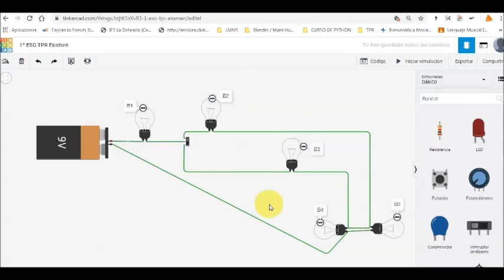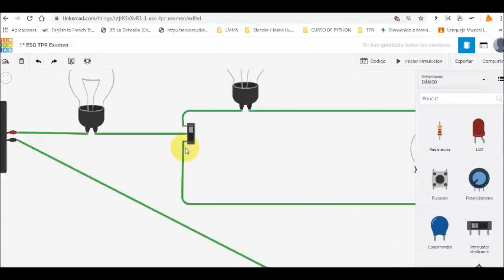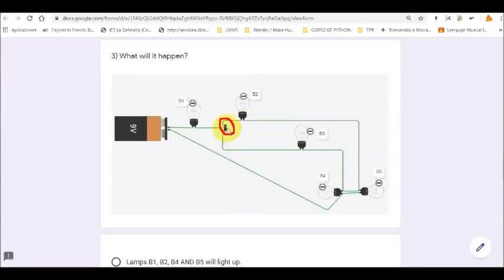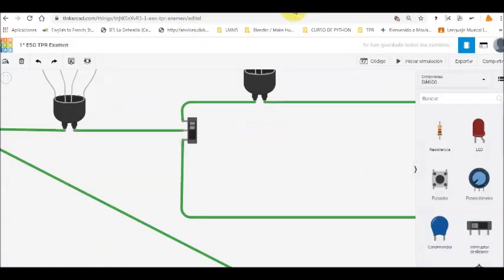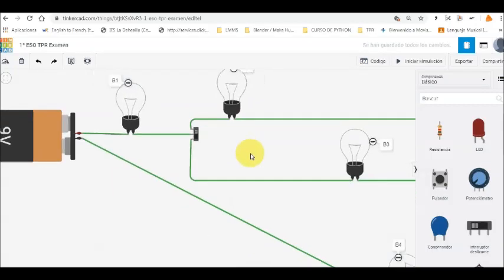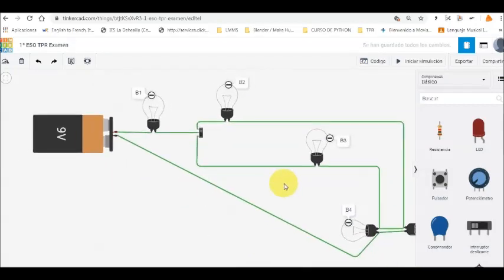Okay. So this is the circuit, exactly the same. As you can see, in this situation, we have the switch with the slider at the top, which is exactly the same as this exercise number 3. So we are going to reproduce the simulation so that we can find out what is happening.